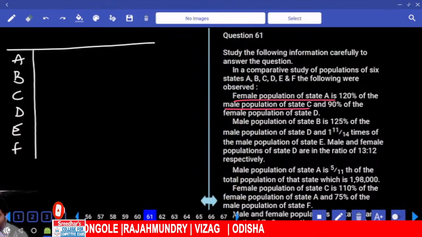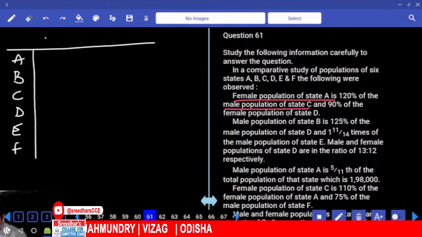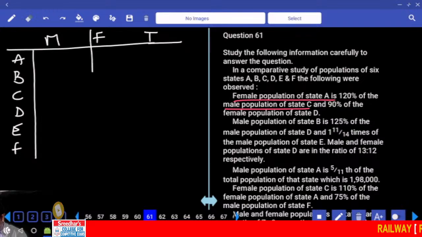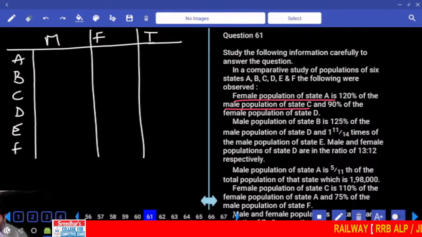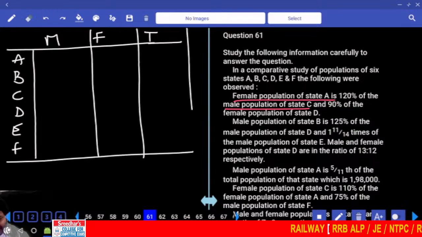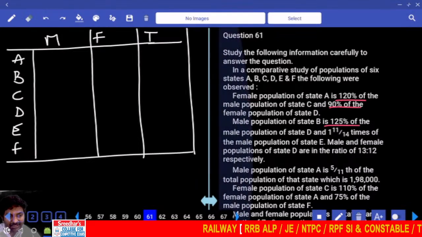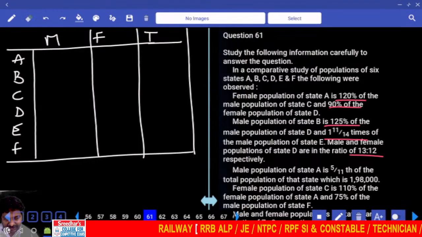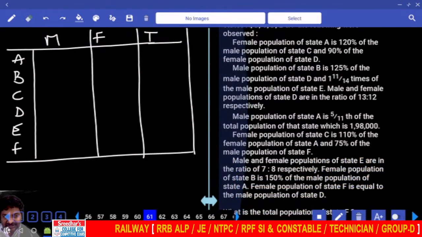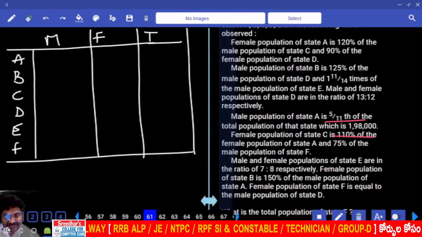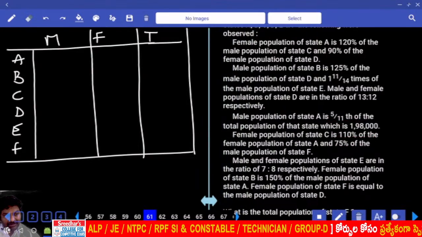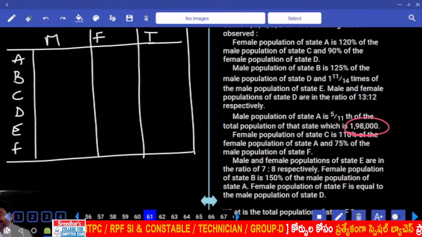That means we are going to have male, female and also total. Let's have a table like this. In the first line I could see only percentage, again percentage, ratio, fraction, percentage, percentage. Here is a number. Correct?